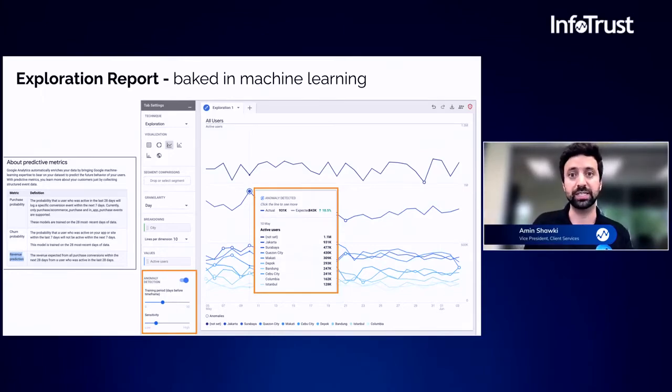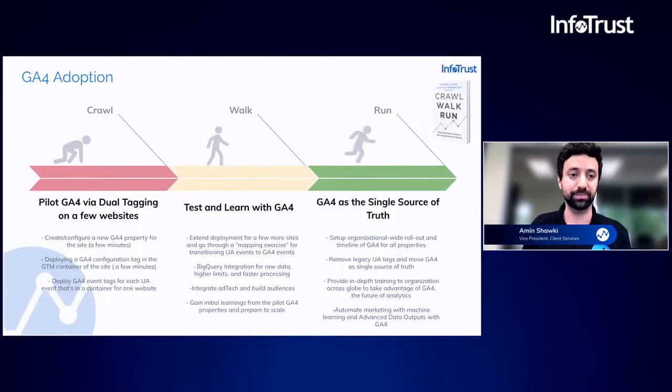I wanted to show this here because as we're thinking about durable tactics for measurement and how we can change how we're looking at analysis, baked right into the tool are metrics such as churn probability and probability to convert. A lot of these, like anomaly detection, as this report shows, are useful because before GA4, a lot of this would have to be done with your data science team or outside GA and could be time intensive, as Michelle mentioned. Now it's more easily accessible, surfaced right in the reporting as you're using GA4 itself. Next slide.